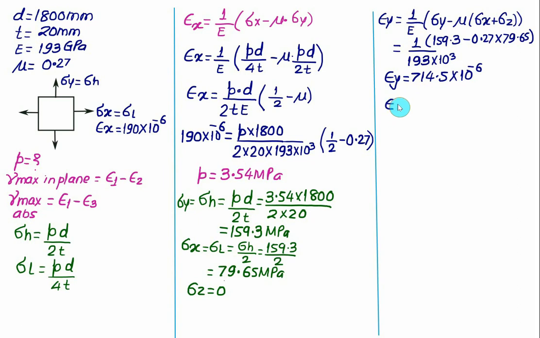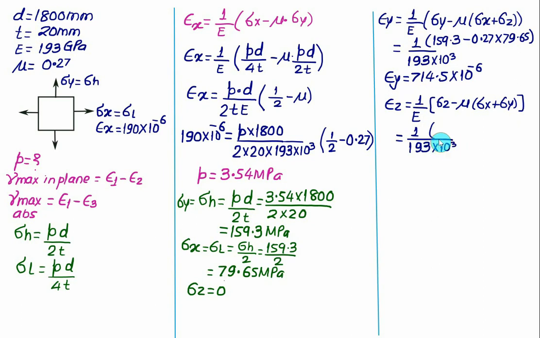Now we'll calculate epsilon z also. We have epsilon z equal to 1 divided by Young modulus into sigma z minus mu times sigma x plus sigma y. This type of numericals are not asked in the GATE examination. This is just a practice for you. So 1 upon Young modulus is 193 into 10 to the power 3.